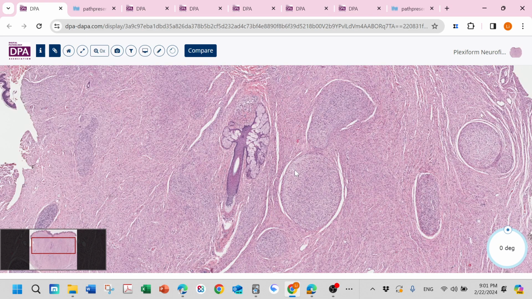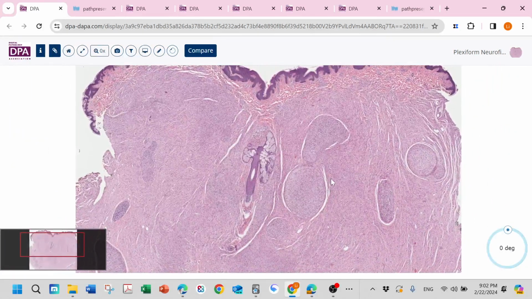So when you try to make this diagnosis, there are just two situations. One is that the clinician already wrote down in the history that this patient had neurofibromatosis syndrome, and then you see this plexiform worm-like structure inside a neurofibroma, you can diagnose plexiform neurofibroma.